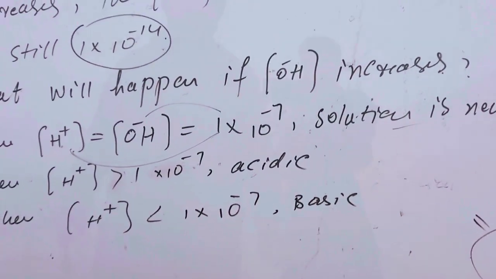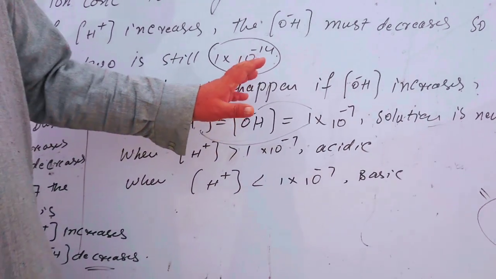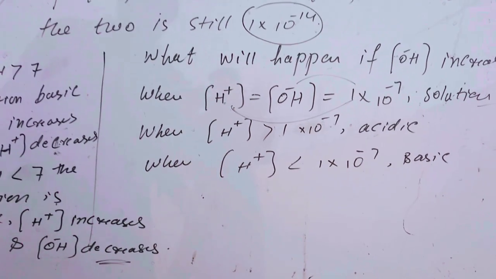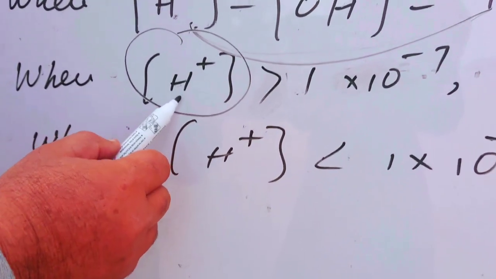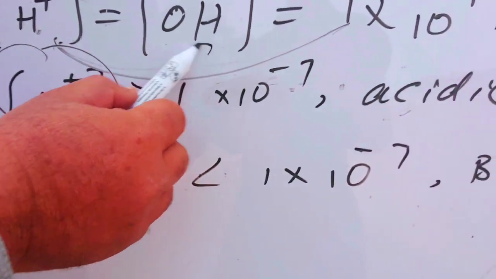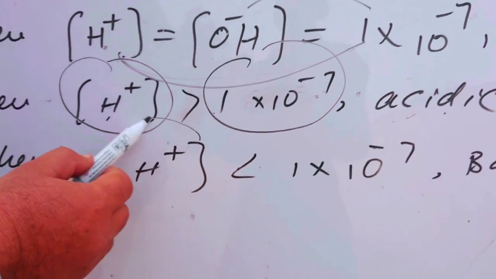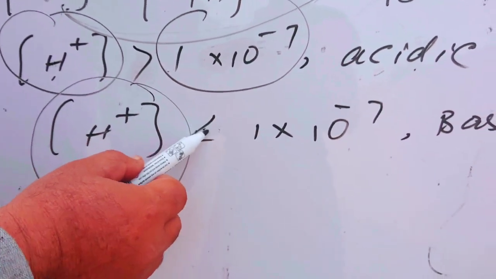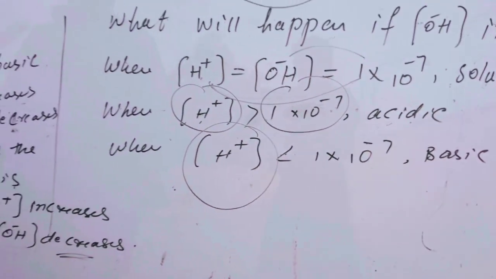Mathematically we have already explained it in the pH lecture. Now if the concentration of H plus ion is greater than this value, the solution will be acidic. If the concentration of H plus ion is less than this value, the solution will be basic.